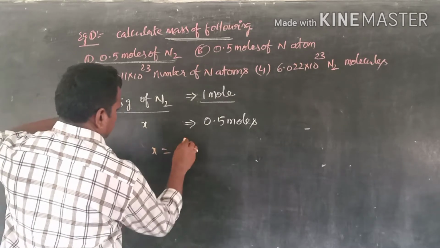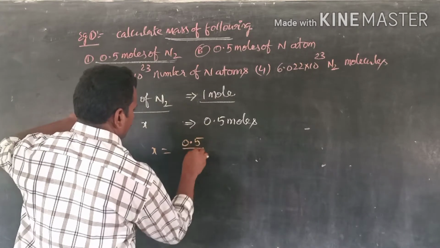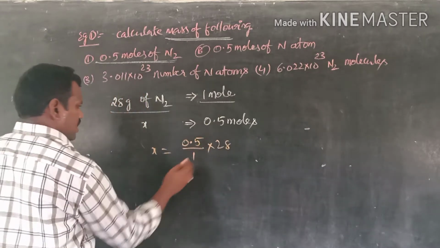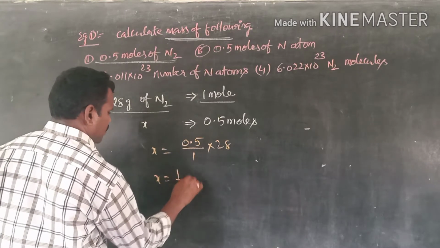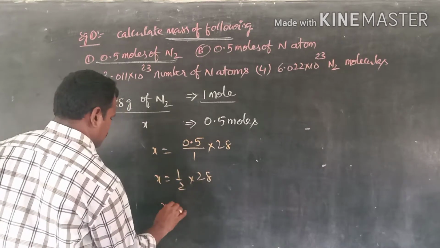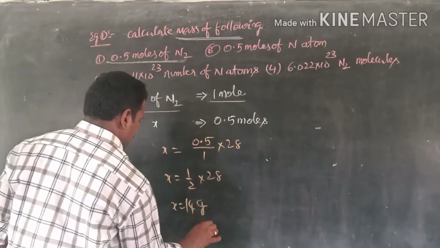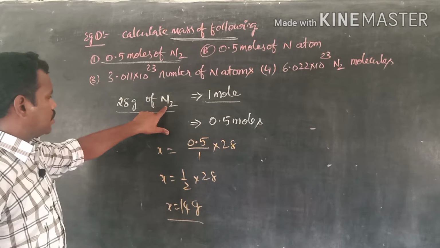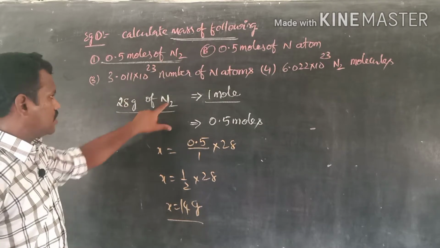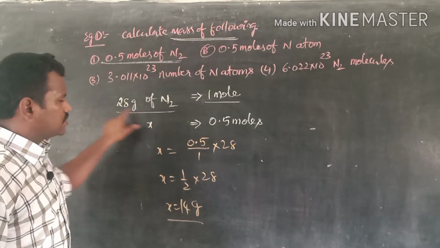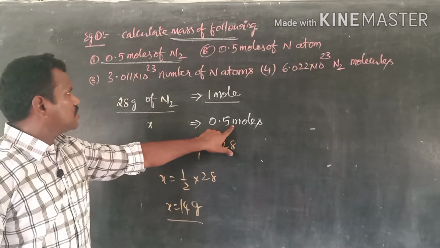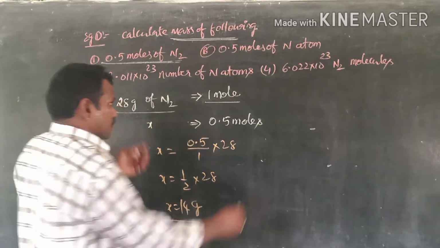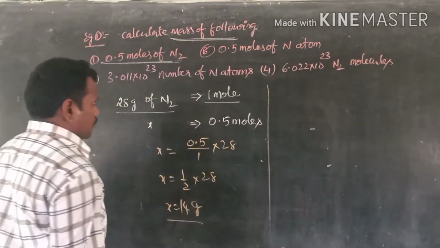Now x is equal to 0.5 by 1 into 28. 0.5 can be written as a half into 28. Then x is equal to 14 grams. This means 1 mole of nitrogen molecule, N2, weighs 28 grams, then 0.5 moles of N2 molecule becomes 14 grams. Let us go to example 2.